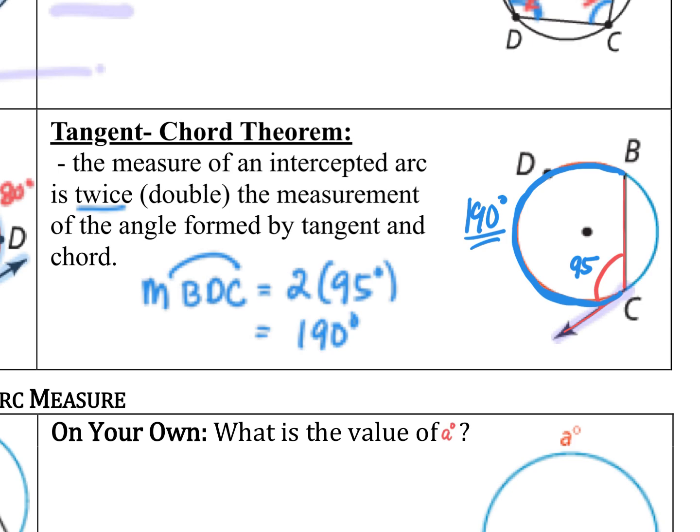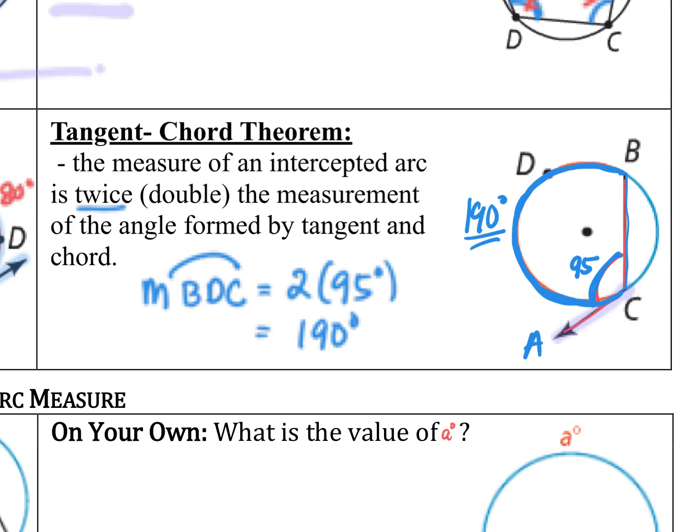If you're looking at the angle here, BC, let's add another letter, let's say A. The measurement of this angle is going to be 1/2 of the intercepted arc.